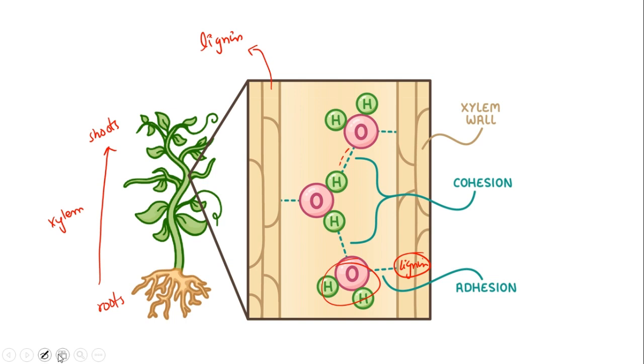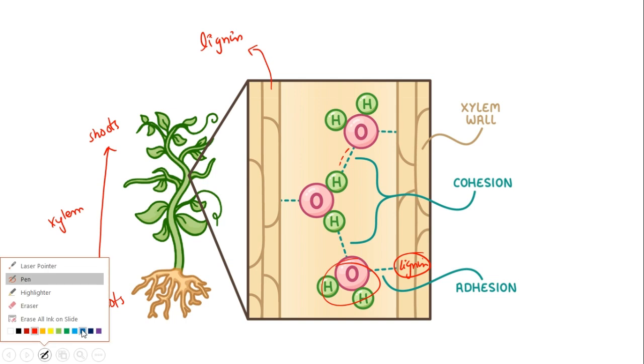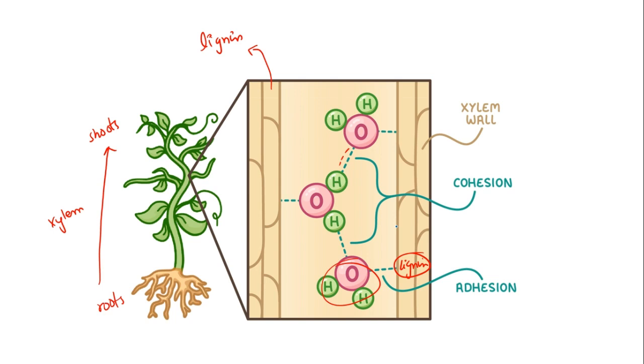So you can notice here that because of the adhesion and cohesion forces, water is not just binding to each other, but it is binding to the xylem vessels as well. And this provides strength to the water molecules to move upward without dropping down due to the force of gravity.